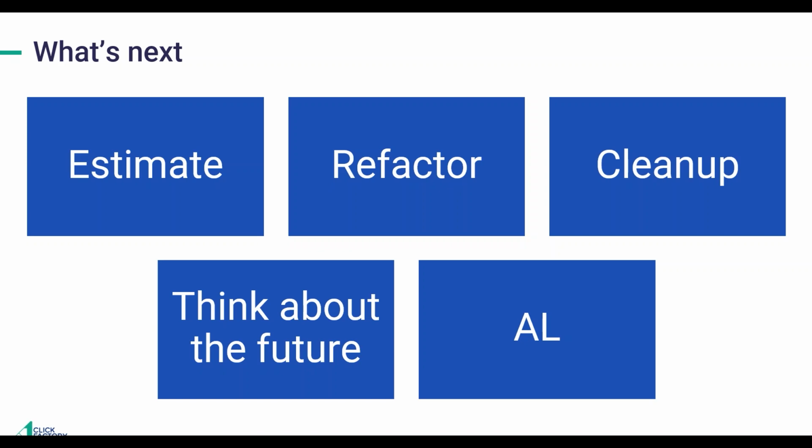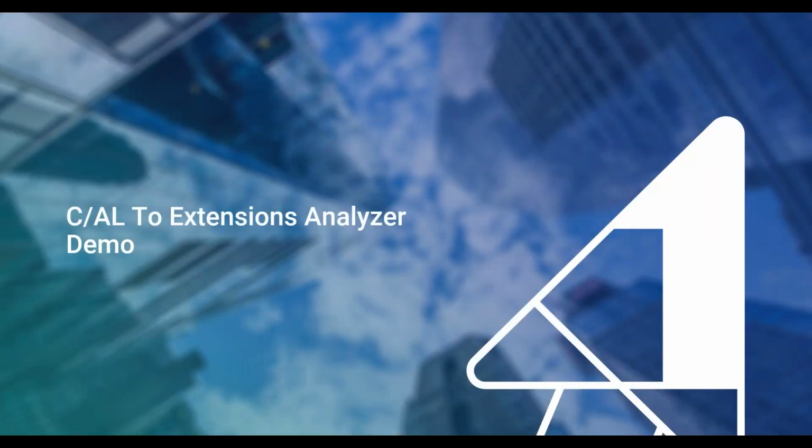We have covered most of these topics except for the estimate, and for this I would like to show you the C/AL to extensions analyzer report. This is the report that we are using with our partners when we are doing add-on to extension scoping workshops.